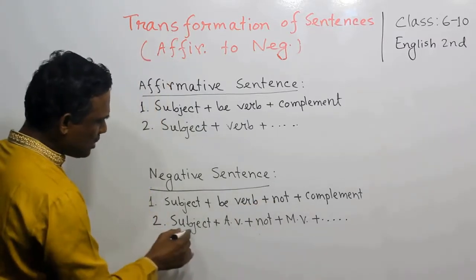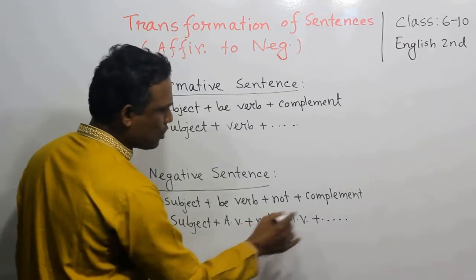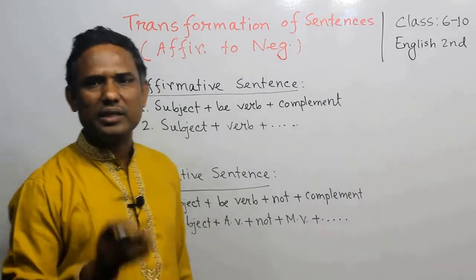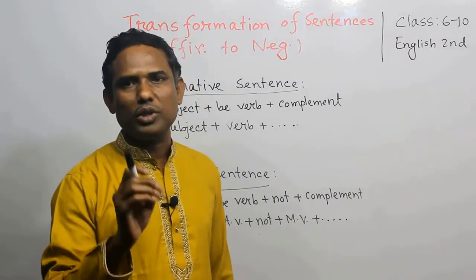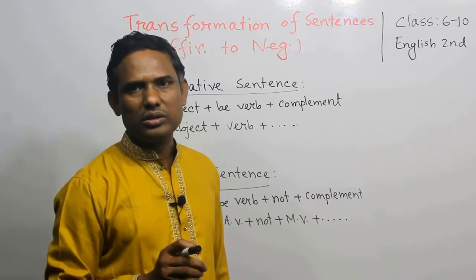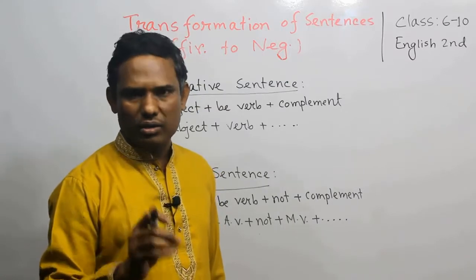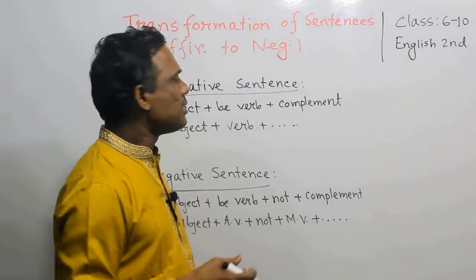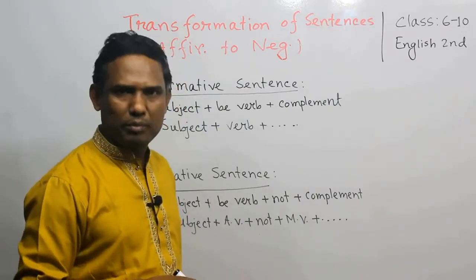Number 2, subject plus auxiliary verb plus not plus main verb plus ... In some cases, you can make negative sentences by using no before a noun or by using nobody or none or no one. Okay. Now, I am going to give an example according to the first structure of affirmative sentence.